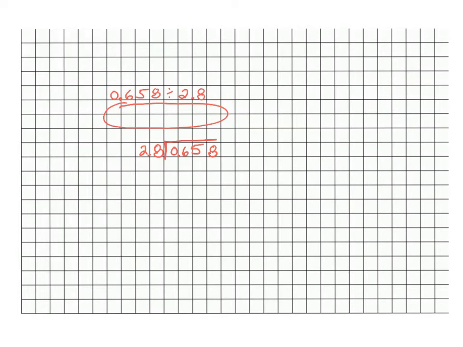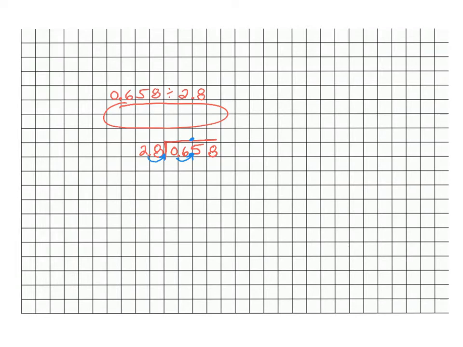I want this number to be a whole number, so I'm going to move the decimal point 1 spot to the right, which puts the decimal after the 8, so it's just 28. When I do that, this decimal point here also has to be moved 1 spot to the right. So my decimal point in blue is where it needs to go, and then I'm going to put it straight up. So now I have 28.